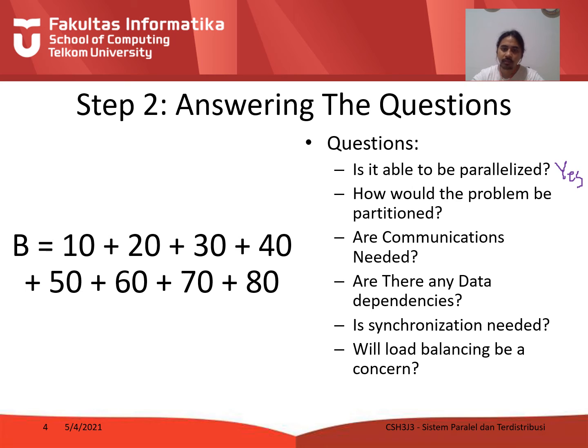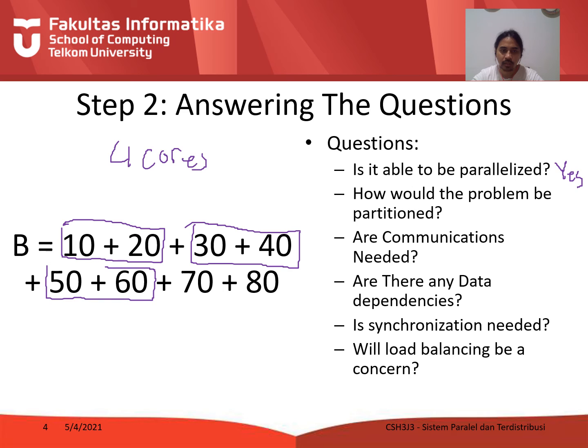How would the problem be parallelized? The answer for this is SPMD or MPMD. For example, we have 4 cores. Of course, we will divide this into 4 different cores. So 10 plus 20 will be in one core, 30 plus 40 in another, 50 plus 60 in another, and lastly 70 plus 80.